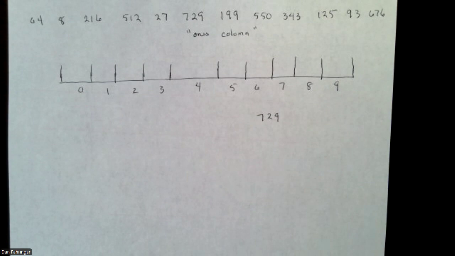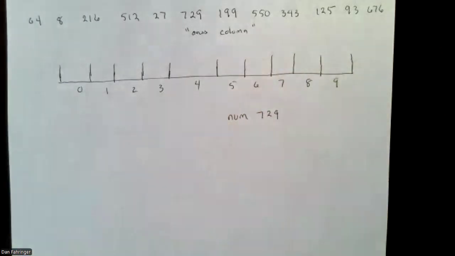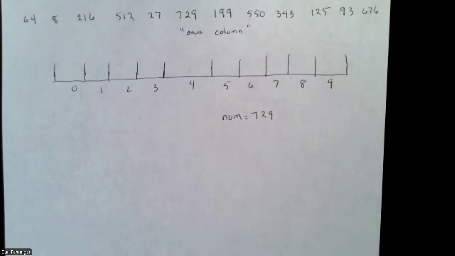This is code you should be able to do. Would it be using the division that checks if there's a remainder? You're going to have some sort of division going on here. Yeah. Take a minute and see if you can write down the lines of code. We'll call this num. And I want to get the 9. Num equals 729.